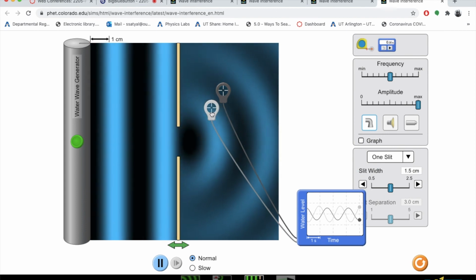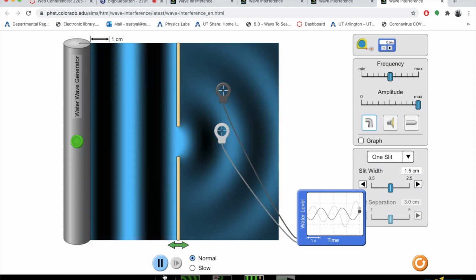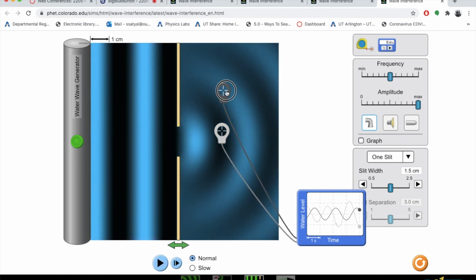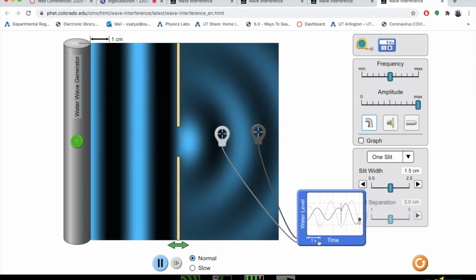Let me pause it here. You can put this thing in multiple regions like this: dark, bright, and the gray, the intermediate color zone here, versus the dark zone, and see how that varies.